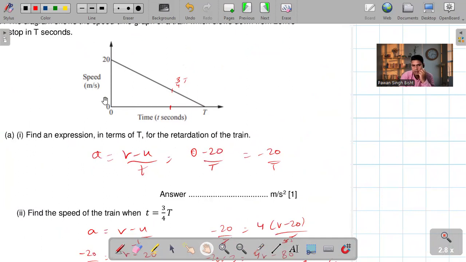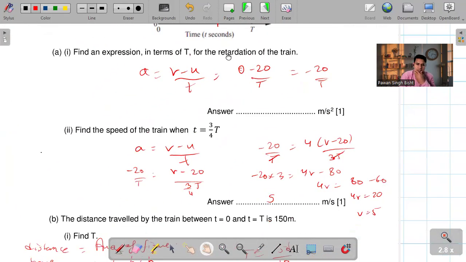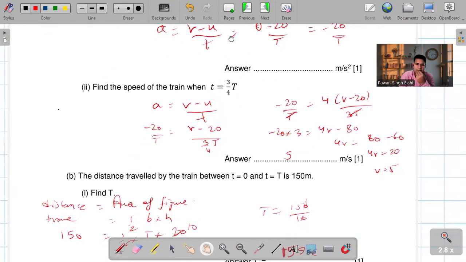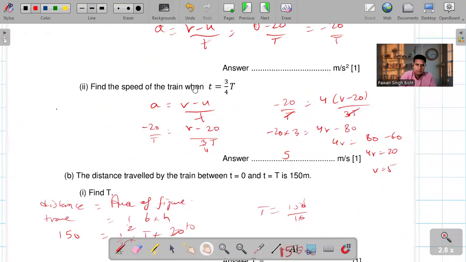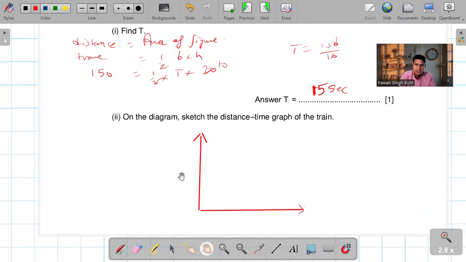If I have to find the distance covered here, 150 meters has been covered. The speed is decreasing with time but the distance is increasing, right?